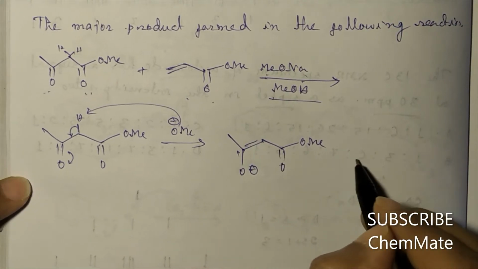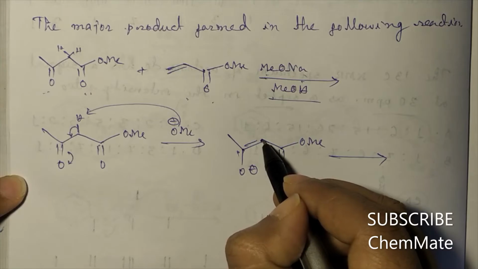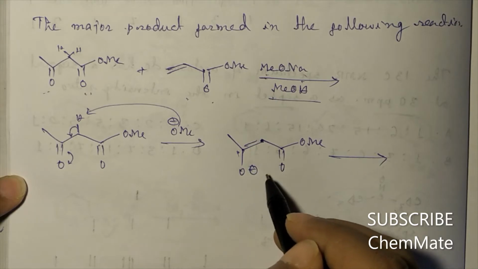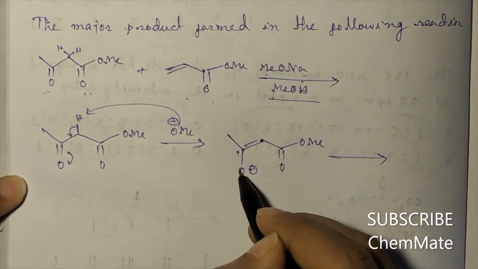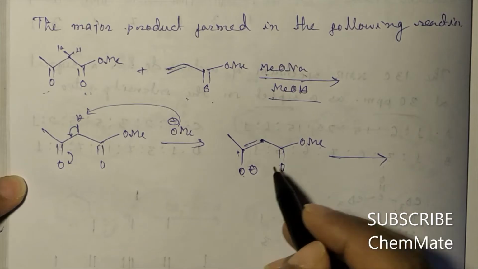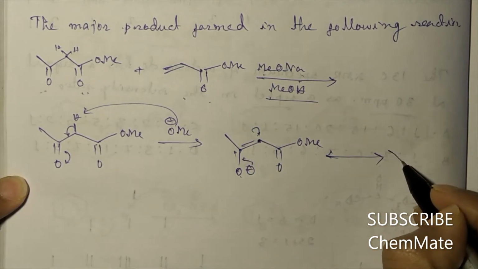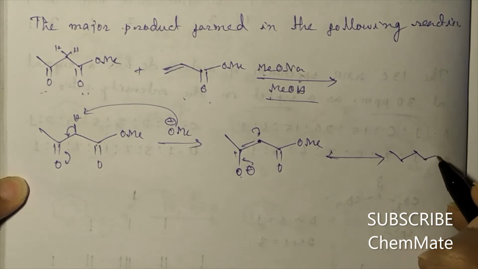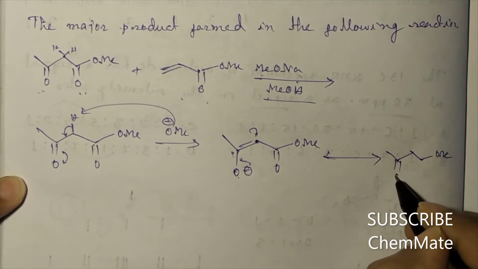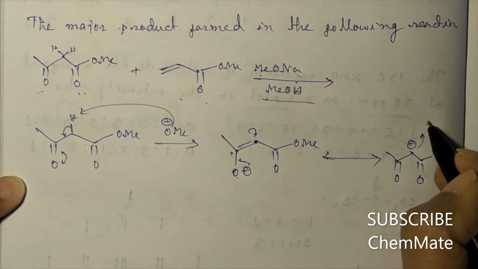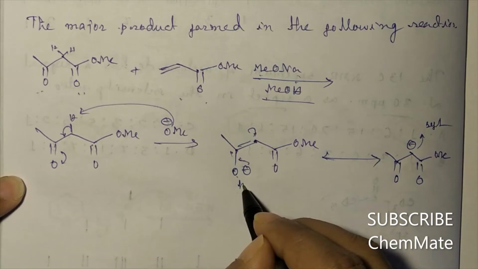This enolate is an ambidentate nucleophile actually. The negative charge may be on oxygen and also on carbon. So this is the soft center, and this is the hard center.